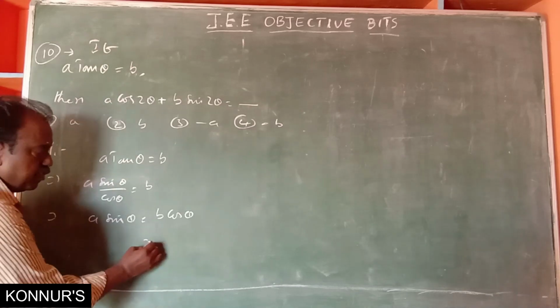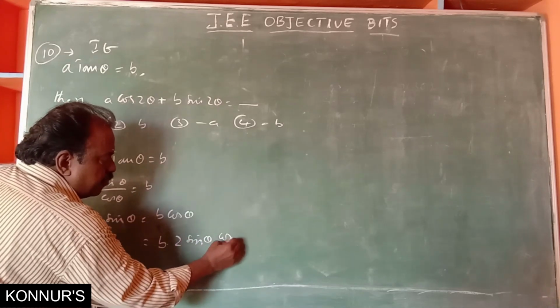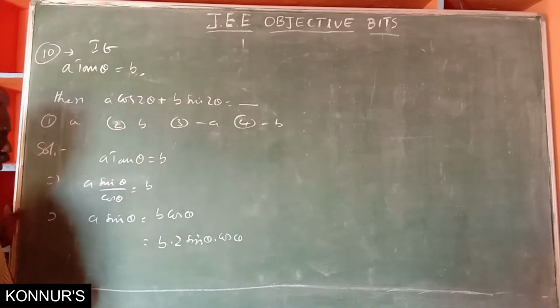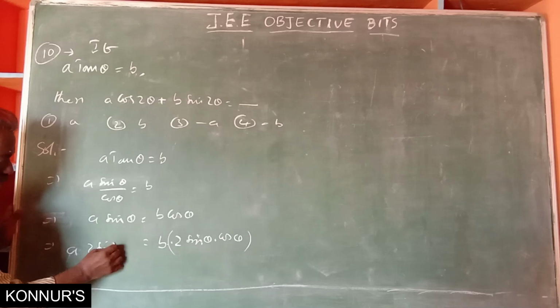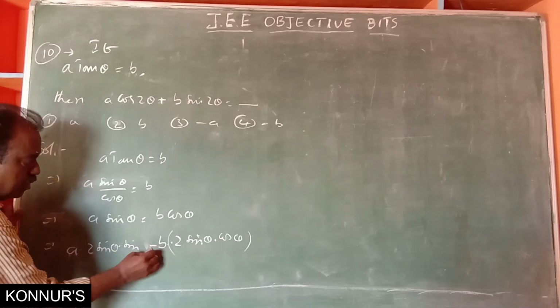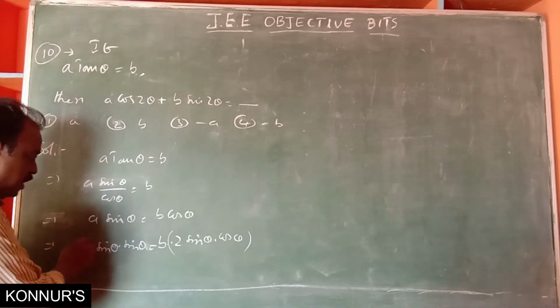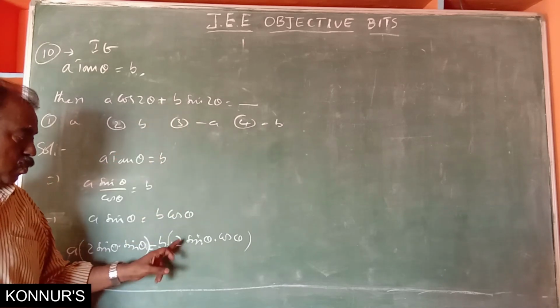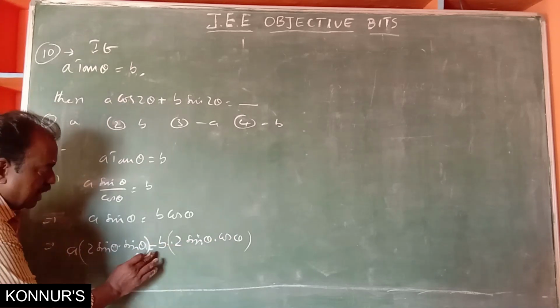Very simple. It is b into 2 sin theta cos theta. That means we are multiplying with 2 sin theta. So here also we have to multiply. It is 2 sin theta into sin theta. Why are we multiplying with 2 sin theta? In order to get this term: 2 sin theta cos theta is sin 2 theta, so b sin 2 theta we will get.